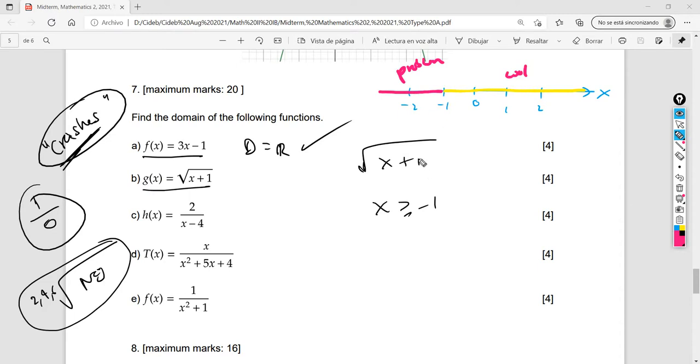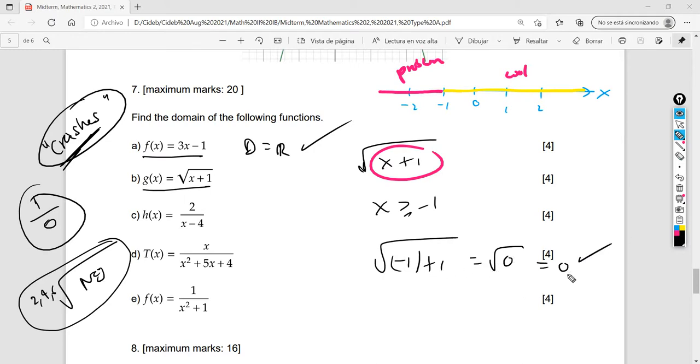Just make tests. I mean, does this work for x equals -1? Clearly it does. You see? The square root of -1 plus 1 is equal to the square root of 0, which is equal to 0. So it does work.